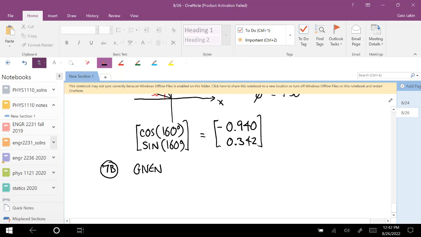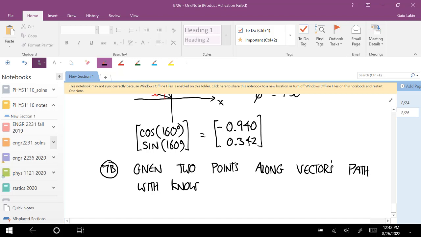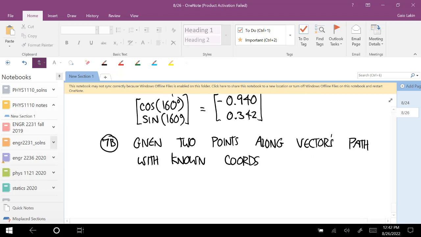So given 2 points along the vector's path with known coordinates, and this works in 2D or 3D. So this is pretty much the way you always want to go in 3 dimensions.